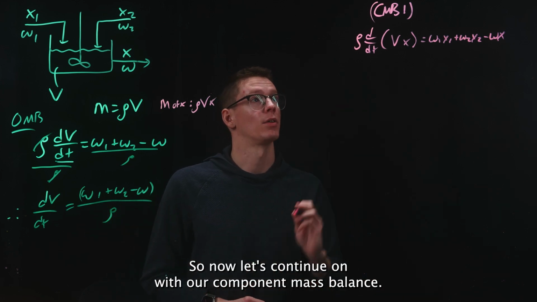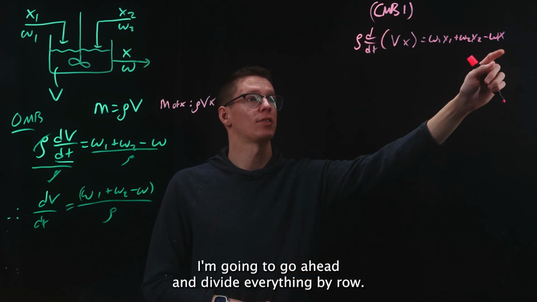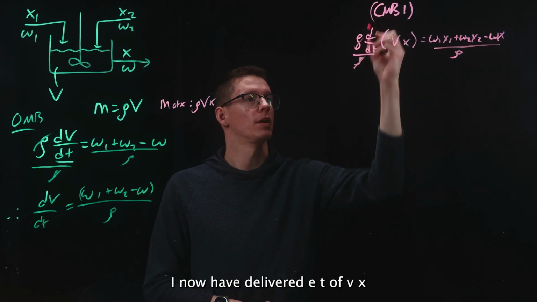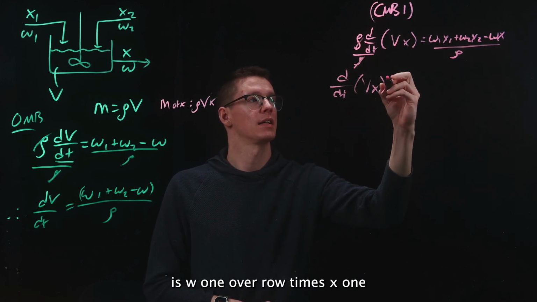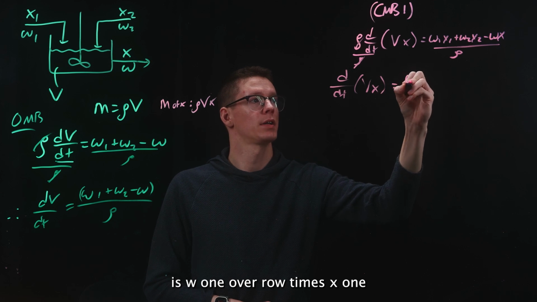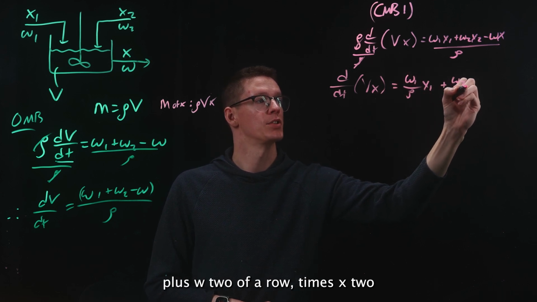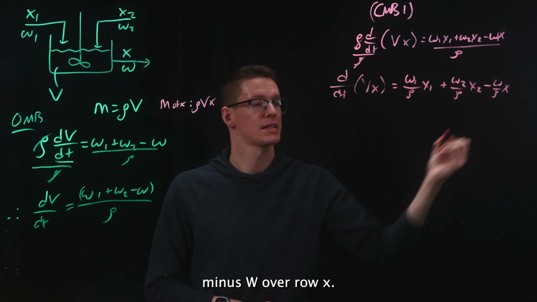So now let's continue on with our component mass balance. I'm going to divide everything by rho. In doing so, I now have d/dt of (Vx) is w1 over rho times x1 plus w2 over rho times x2 minus w over rho times x.